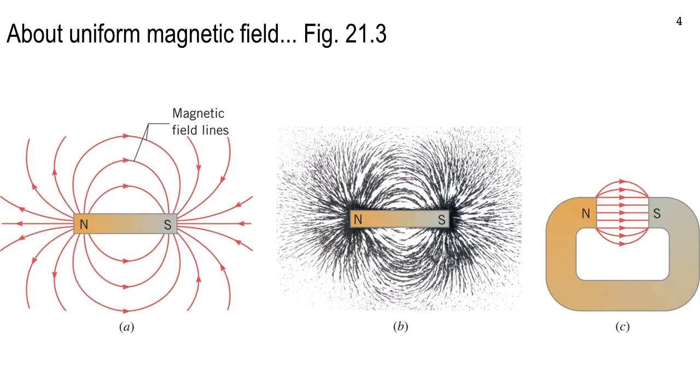I want to add a comment. Last time, you can still see my diagram that I chalked in on the chalkboard about the uniform magnetic field. Figure 21.3 is a nice diagram, and I'll draw your attention to the first two. This one is the bar magnet field.